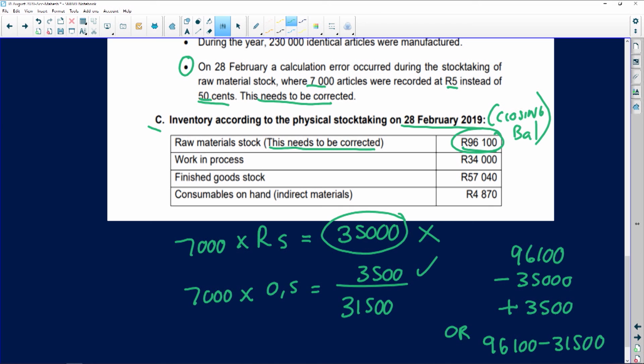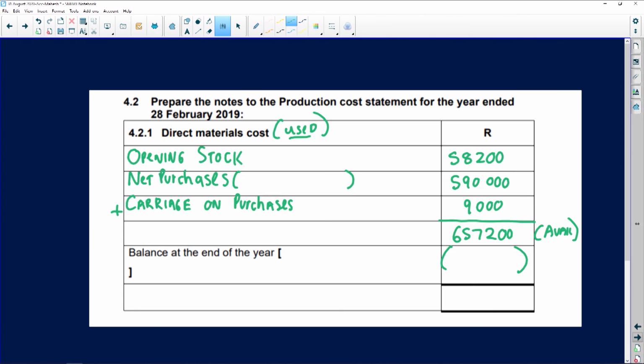Right, so let's show this calculation in our actual note itself. So let's just go there. Remember, they want you to show your calculation in brackets. So 96,100, and you can choose minus 35,000 plus 3,500, or those of you that prefer 96,100 minus the value that it was overstated by, 31,500.